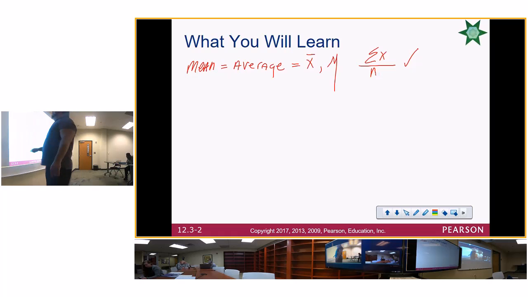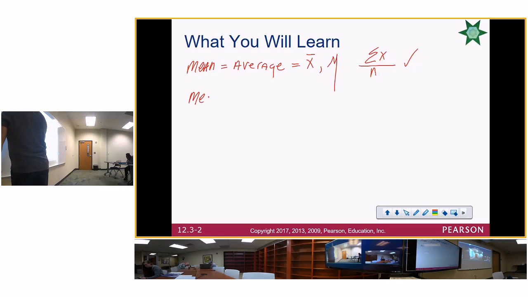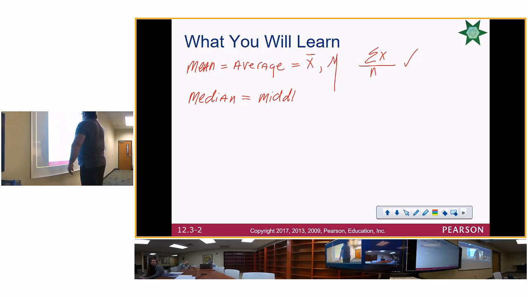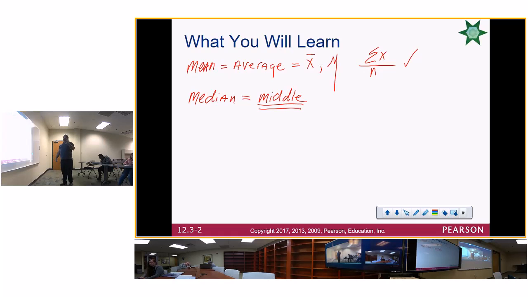The median. When I say median, what do y'all think of right off the bat? The median in the highway. And it's in the middle. Middle is what all of this centers around. The number one thing that you compare everything to in statistics is the middle.